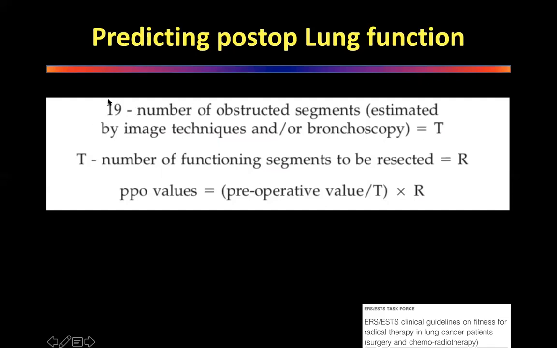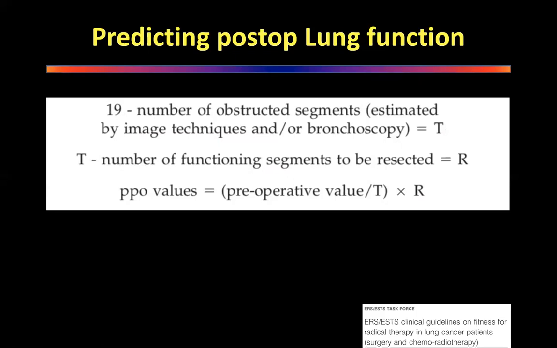Okay, we know there are 19 segments. We want to take away the obstructed segments because really the physiology is based on what is the functional segment. So you take away the obstructed segments from 19. So you reach a value T. T is the number of functional segments that are present in the lung at the time of assessment. Then if you're doing an upper lobectomy, you're going to take out 3.